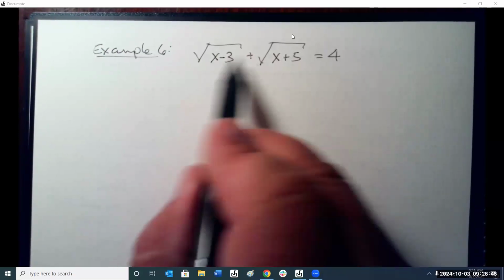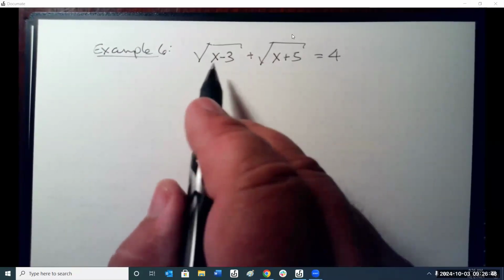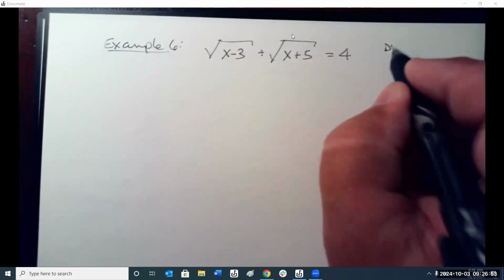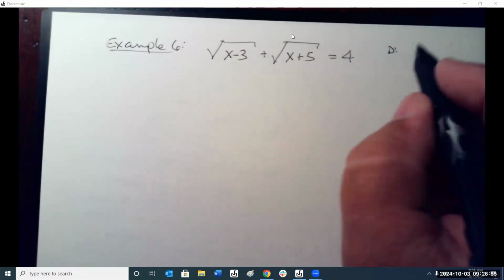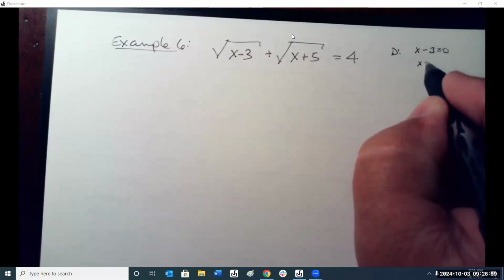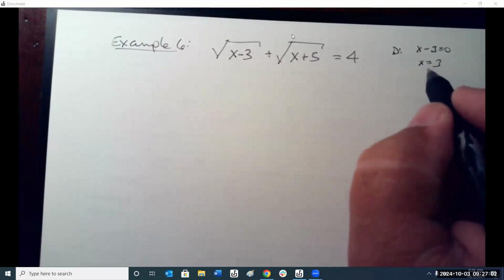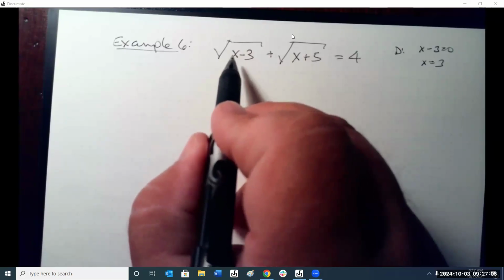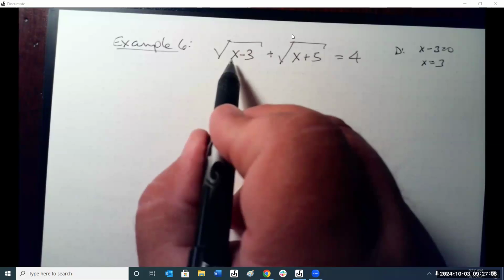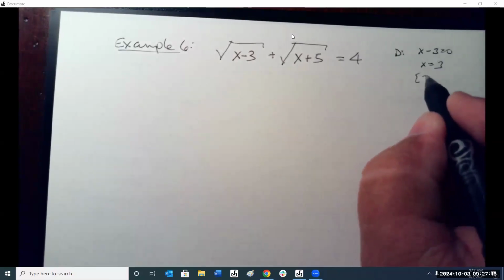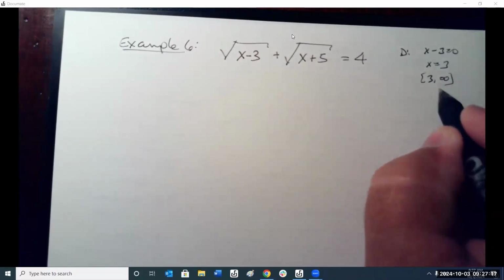Looking at these right now, the domain of the first one is, if I take x minus 3 equals 0, x equals 3. So 3 is the smallest I can use. If I have anything smaller than that, a 2 or a 1, it doesn't work, so my answers have to be bigger than 3 for the first one.